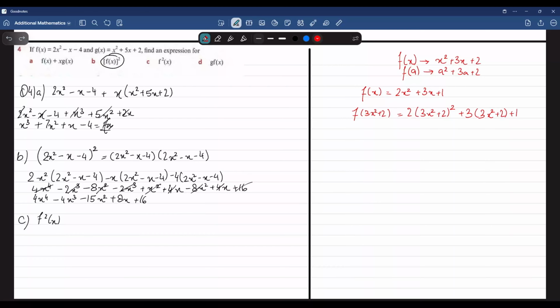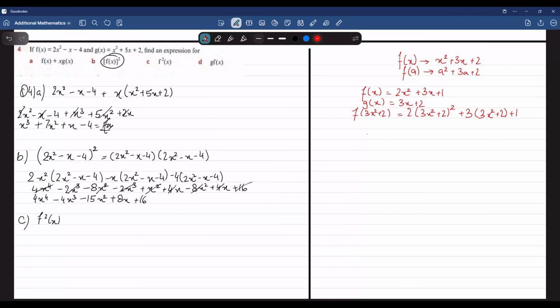Now, in the same example, let's say we have this as f(x), and then we have this as g(x), which would be g(x) equals 3x plus 2. Just assume it for now.